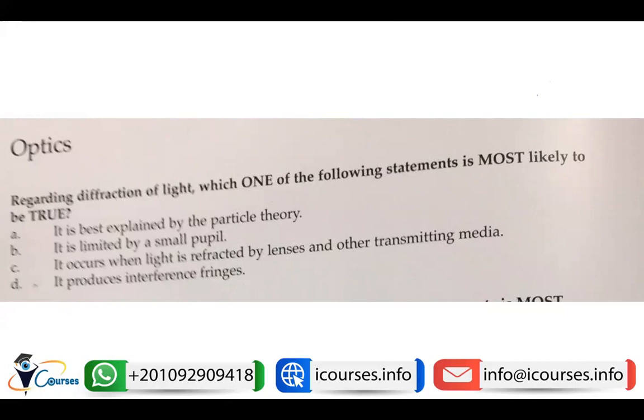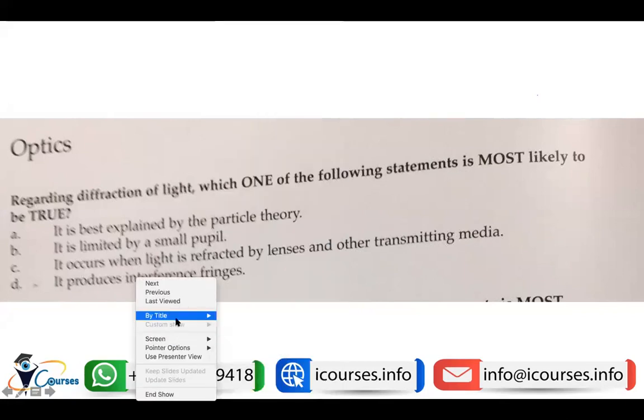Any case of convergence or divergence, any case of vergence, is the pathway of light changing? So there is no refraction. In diffraction, there is no refraction. Please bear this in mind. We are not putting convex or concave lenses in front of the pathway of light to cause convergence or divergence. So there is no vergence here.